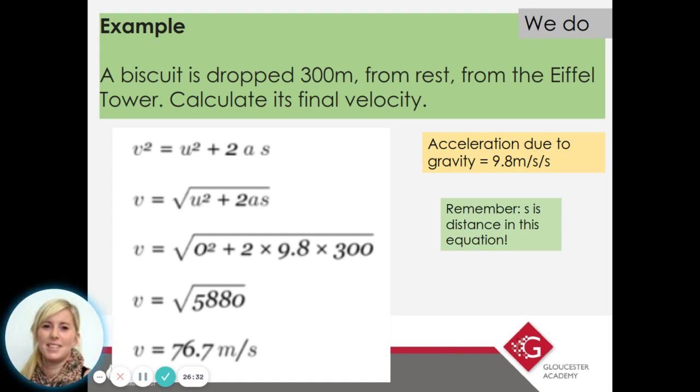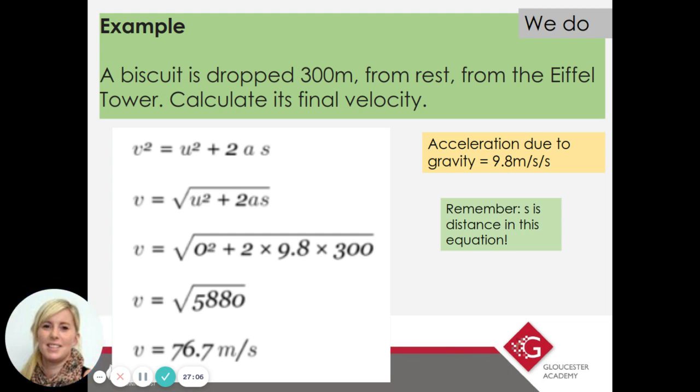So remember that initially, if you've got it written down from before, it said v squared minus u squared equals 2as. But when you move the u squared over, the minus becomes a plus because you change the side, you change the sign. Okay? And so you simply then would work out 0 squared plus 2 times a, which is 9.8, times 300 meters, and you work all of that out and you get v squared.